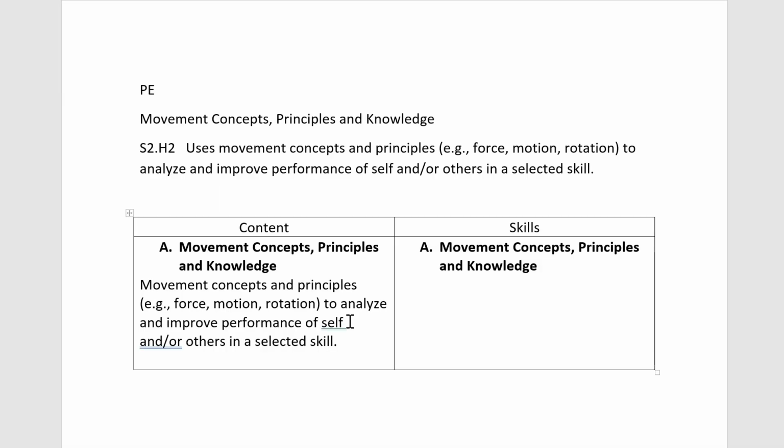Now in this case, I'm just going to use this as an example and say I can keep them because it says e.g. force, motion, and rotation, and I'm going to keep them together. But then we have performance of self and others in a selected skill. I don't know what that selected skill is.